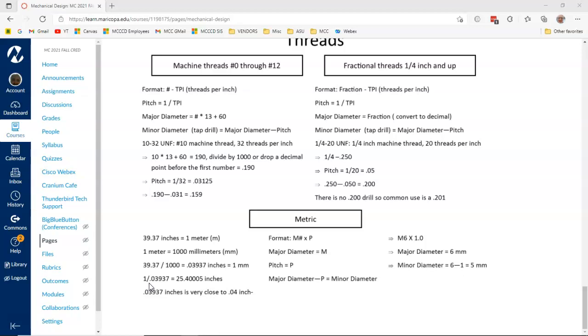Anyway, the 0.03937 being very close to 0.04 makes it so that you can multiply by 4 and be very close to the decimal equivalent to the metric. So in the case of an M6, 6 times 4 is 24. I put a 0 on the end of it or multiply by 10. That puts me at 240.